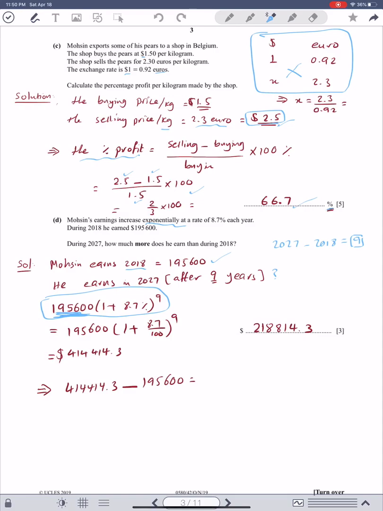We calculate this in the calculator, we will get 414,414.3. Since he said how much more, he has this after 9 years, or in 2027, we subtract the money that he starts with, getting the answer.